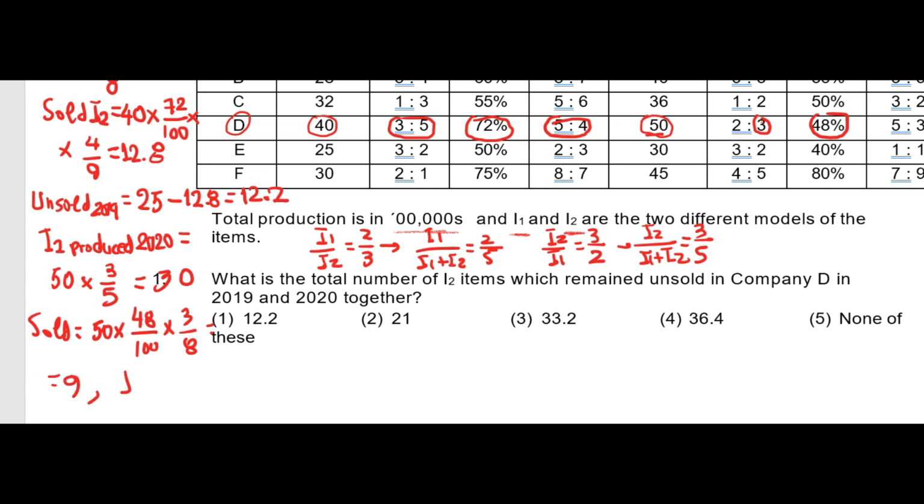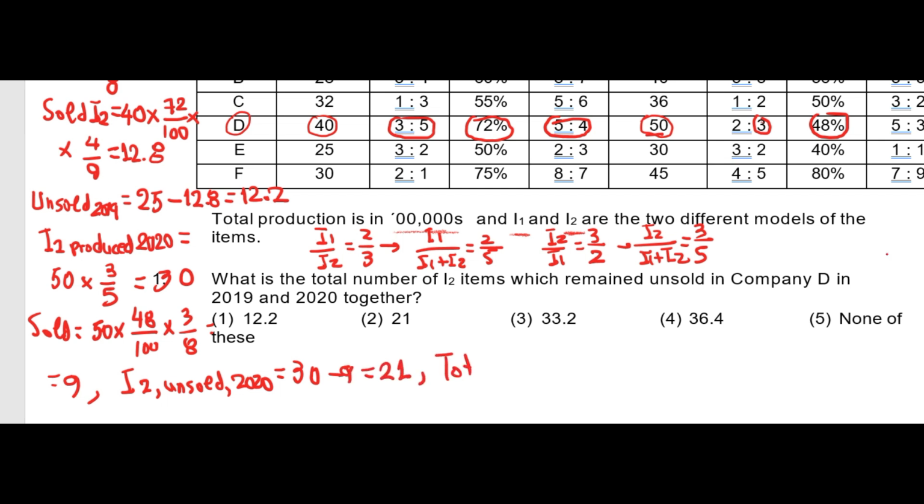So the I2 items unsold in 2020 is 30, the total produced I2, minus the items sold, minus 9, so that's 21.